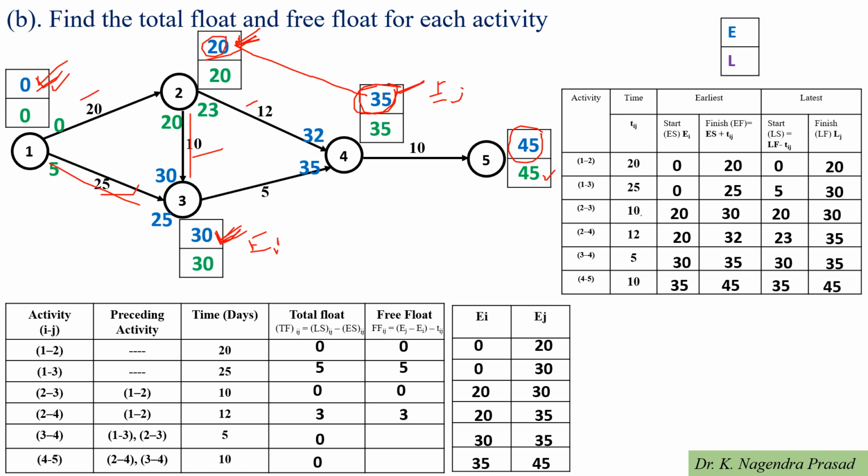Next for activity 3 to 4, free float will become 35 minus 30 minus 5, which is equal to 0. And next one is activity 4 to 5. For activity 4 to 5, free float will become EJ 45 minus EI 35 minus time duration 10, which is equal to 0.